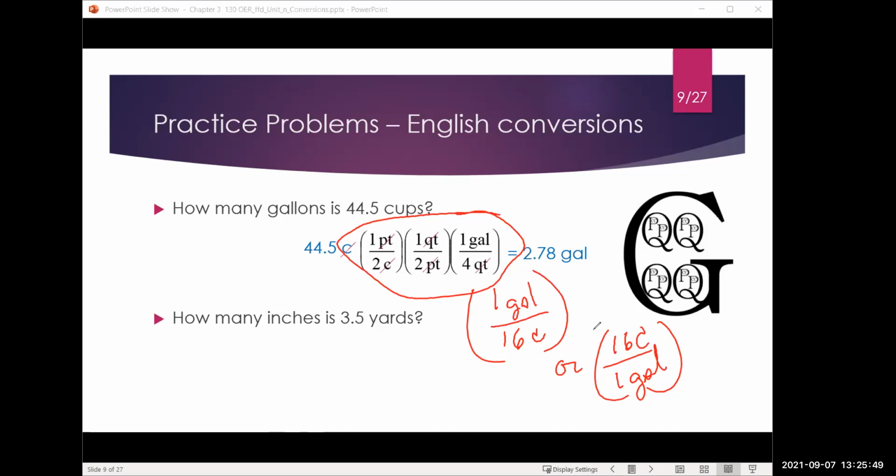For right now, we're doing conversions of units, English to metric. Down the road, we are going to use this technique to do conversions for chemical reactions.